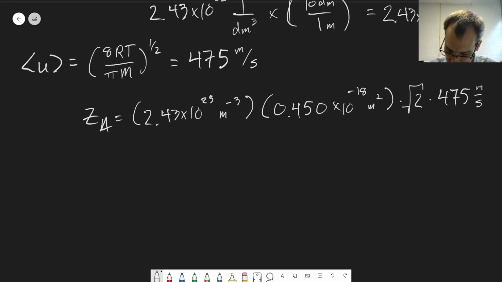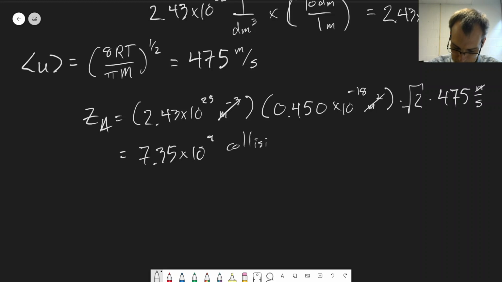And we can double check things here. We should end up with something that's just per second, how many collisions happening per second. So all of our meters should cancel. We have meters times meters squared, meters to the minus 3, all those cancel, and we get just per second. That's why I made sure to convert everything to meters. And we get 7.35 times 10 to the 9th collisions per second.